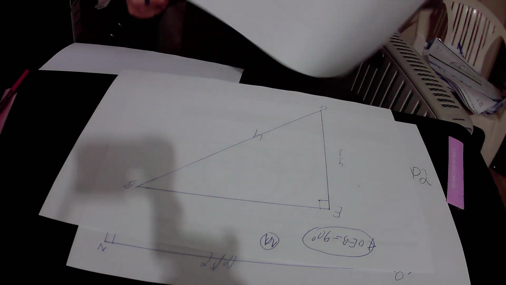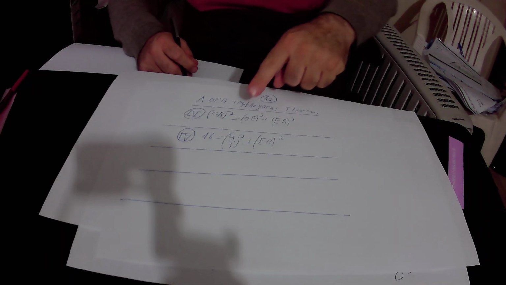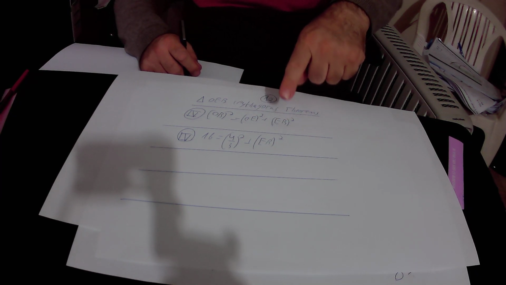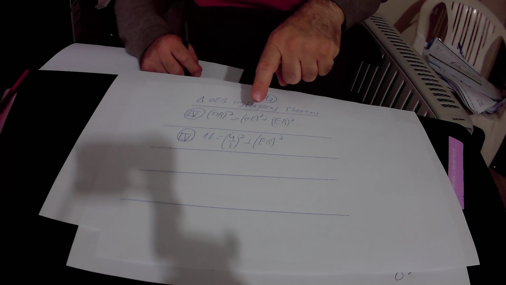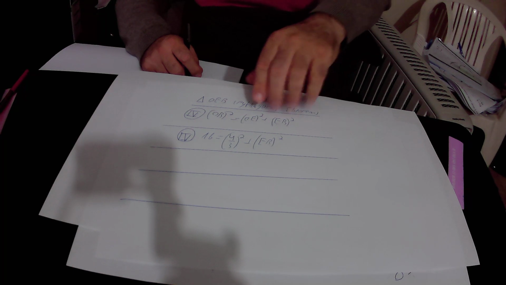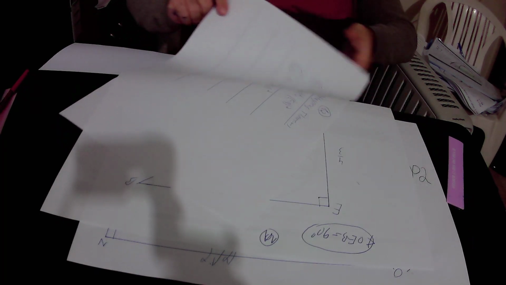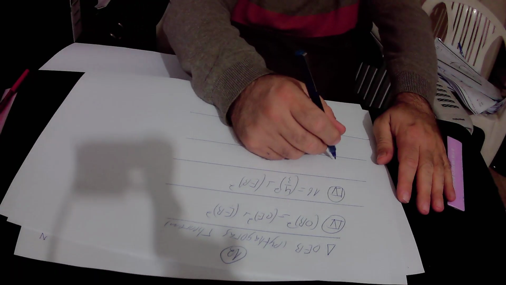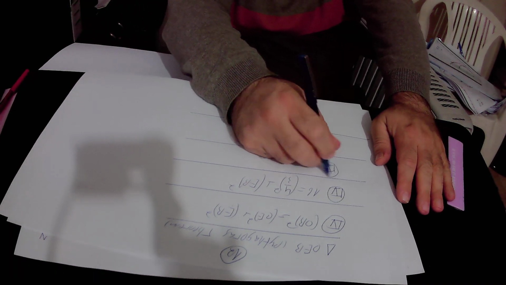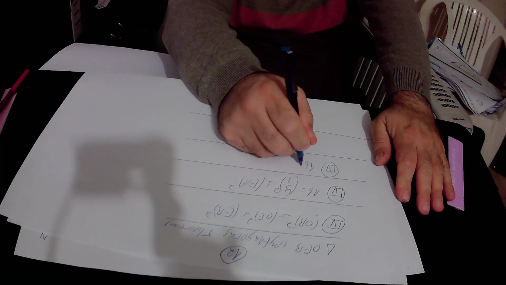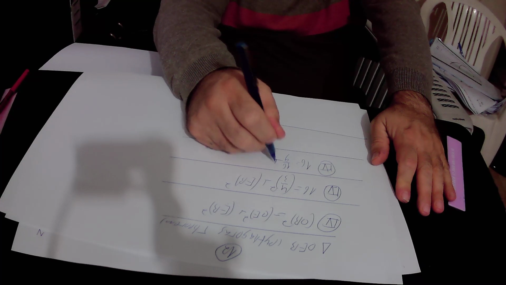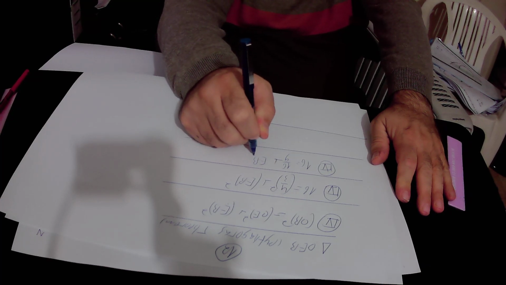So 16 equals 4 over 3 square plus EB square. Here 4 over 3 square is actually 16 over 9. So I write it down: 16 equals 16 over 9 plus EB square.